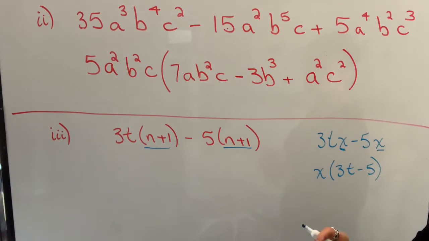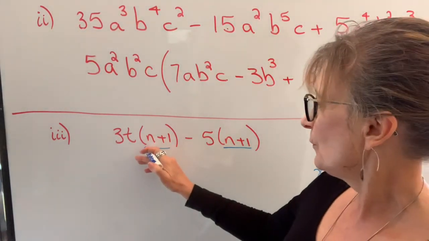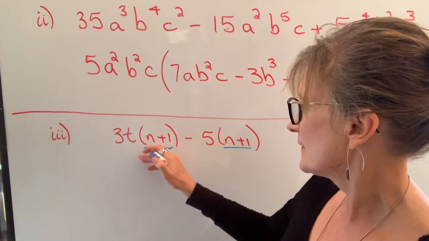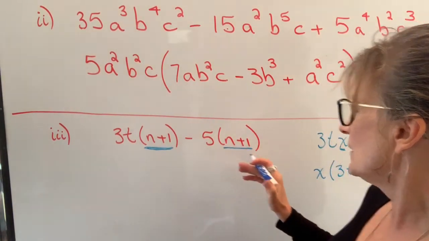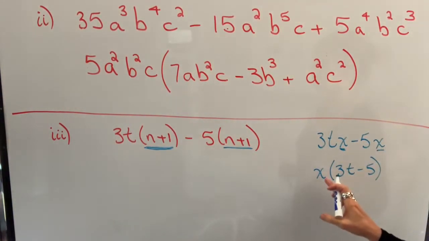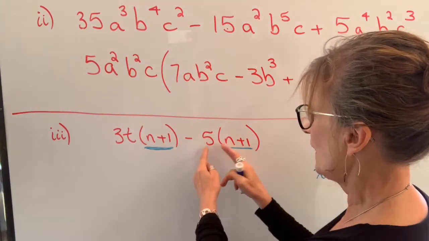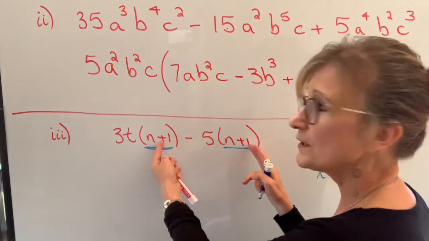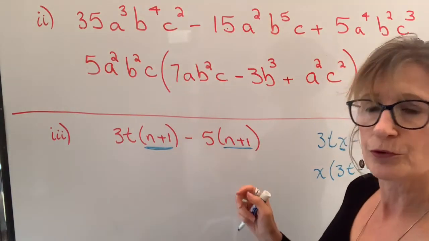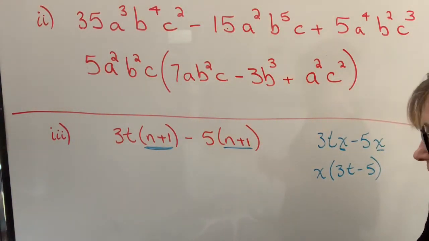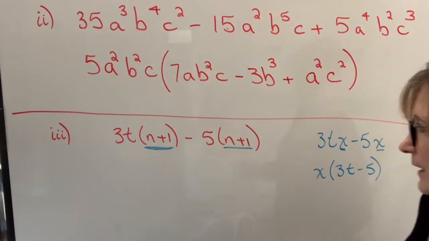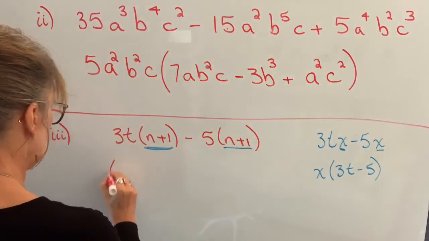That's going to be true if you have an expression like n plus 1. Treat it like you treated the x in this example. So because 3t is multiplied to this and 5 is multiplied to this, n plus 1 is a common factor to both terms. So therefore, I'm going to factor it out of both terms. So I'm going to have n plus 1.